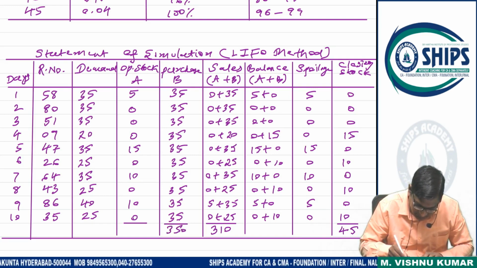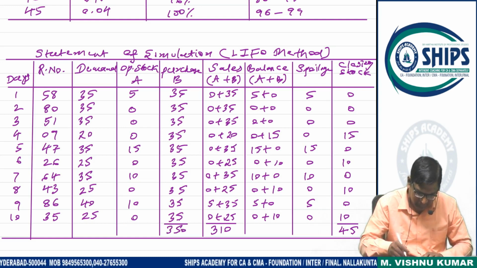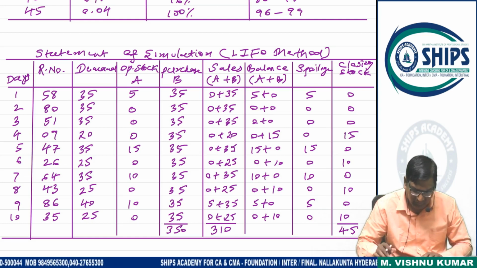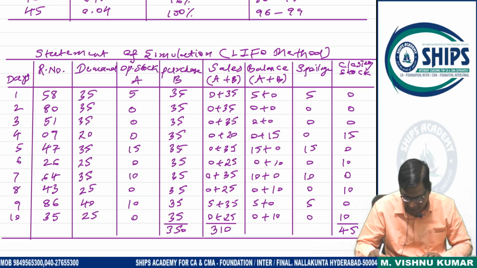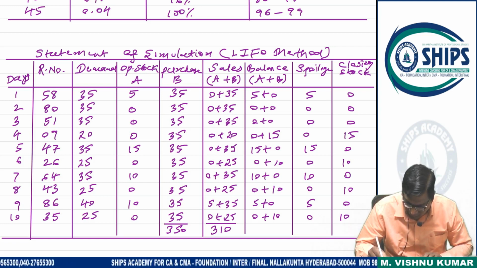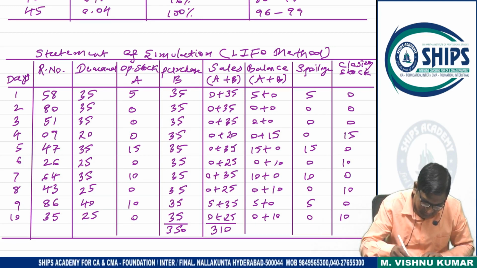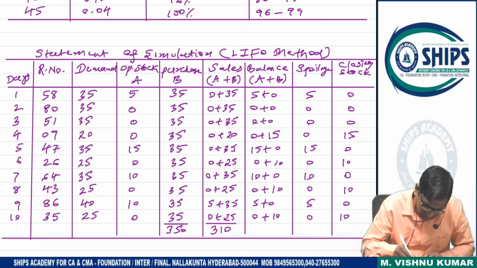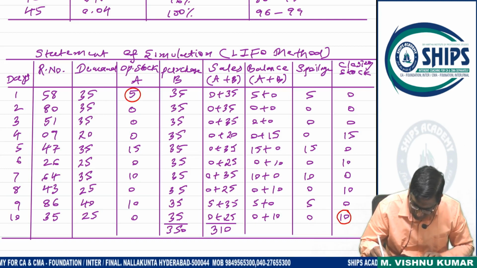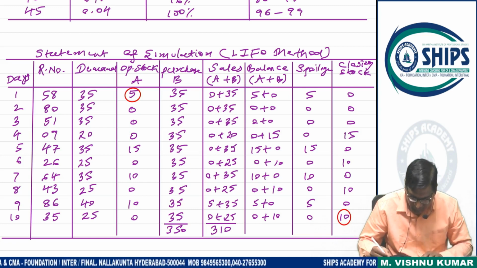Opening stock is not required because starting opening stock only is important, later on it is not important. And closing stock also, the last one is important for us. Which one is important? The last one, 10. So opening stock 5 is important, because spoilage has taken place here, and closing stock 10 is important. Okay.